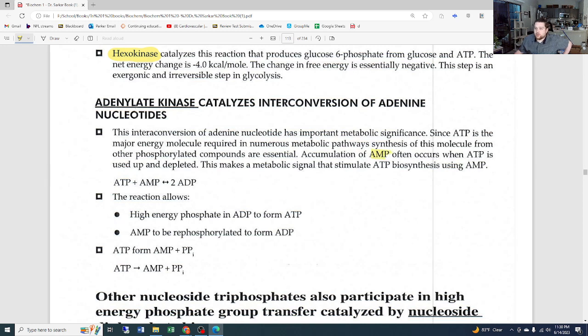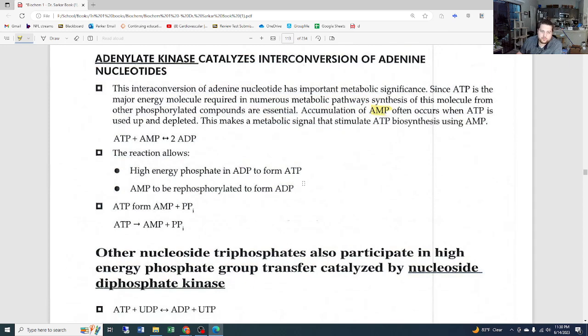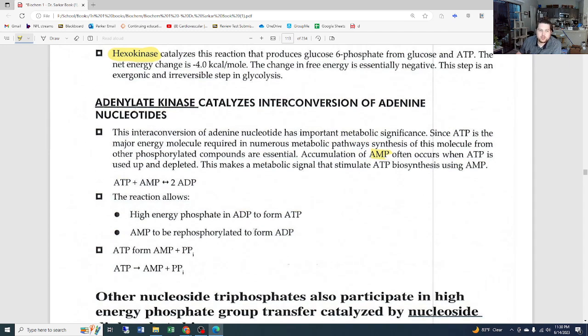One phosphate gets cut off of the ATP and it becomes ADP, and then another one gets cut off and it becomes AMP. So when we have a high concentration of adenosine monophosphate, the body's going to notice that and stimulate making more ATP.